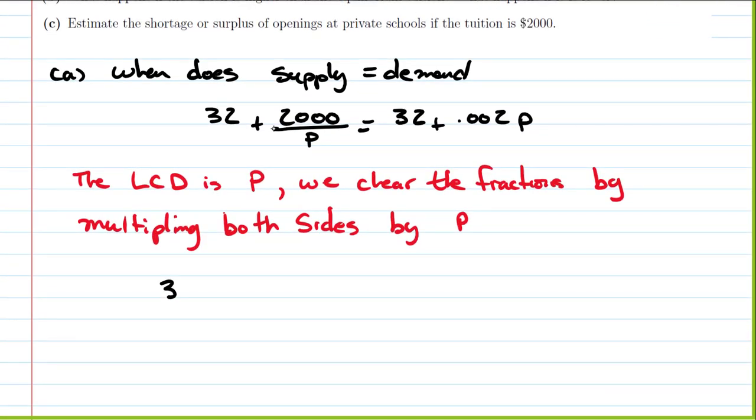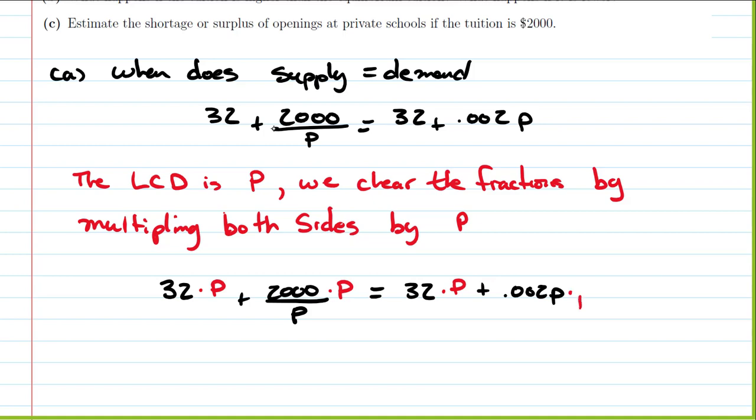We're going to end up with 32 times p plus 2000 over p times p is equal to 32 times p plus 0.002p multiplied by another p.